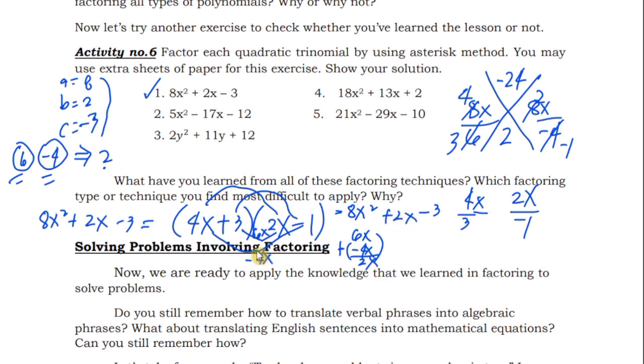So this is now the correct work: 4x plus 3 and 2x minus 1.